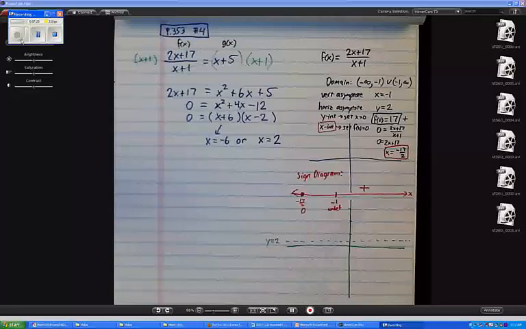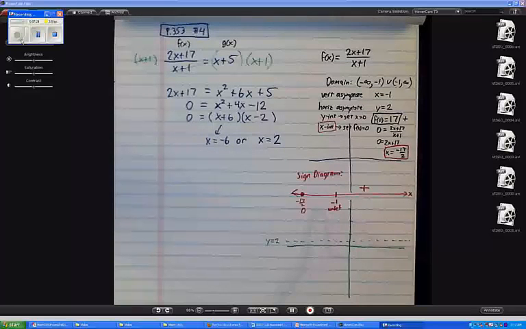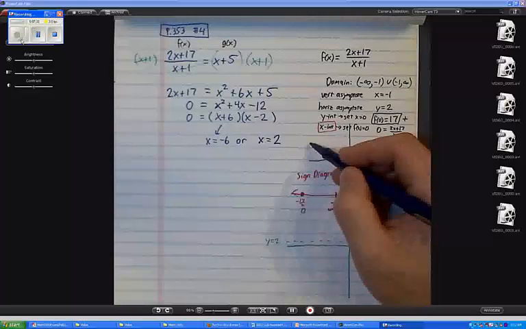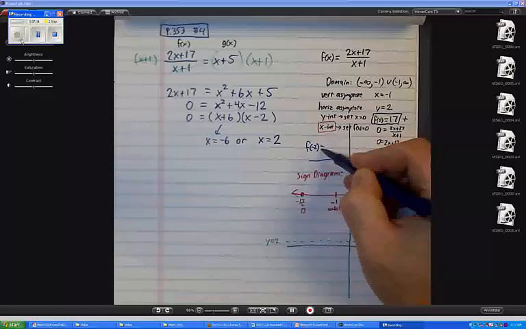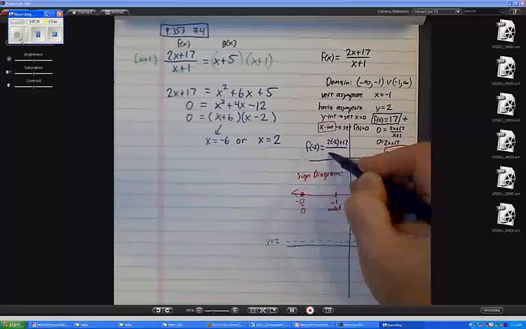What about between -17/2 and -1? Give me a point to try. -2 is a good choice. Okay. So when I go to compute, for example, f of -2, I get 2 times -2 plus 17 over -2 plus 1.